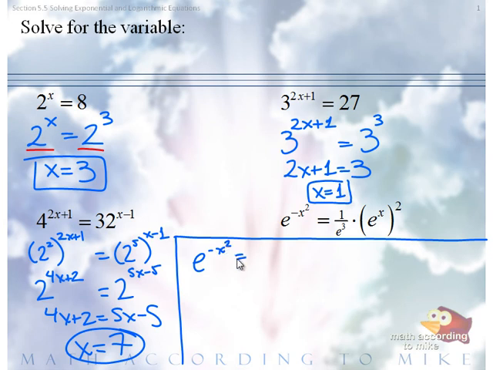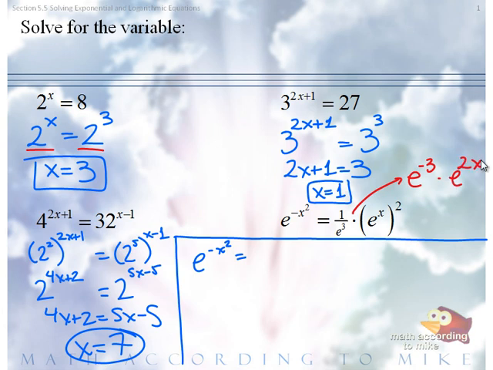If you would, take a minute to rewrite the right-hand side as e to a power using your exponent rules. So 1 over e cubed is the same thing as e to what power? And e to the x then squared is the same thing as what power?